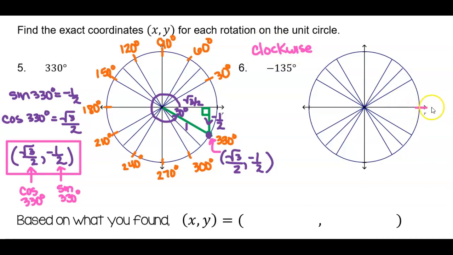So if we start here at 0 degrees, because this is a multiple of 45, this would be negative 45 degrees. We're going clockwise. This would be negative 90 degrees. And here is where we would have negative 135 degrees. So this would be the coordinates for the point we're looking for.